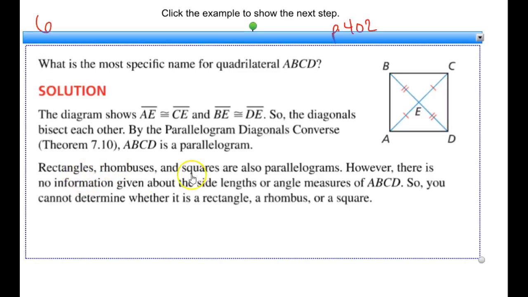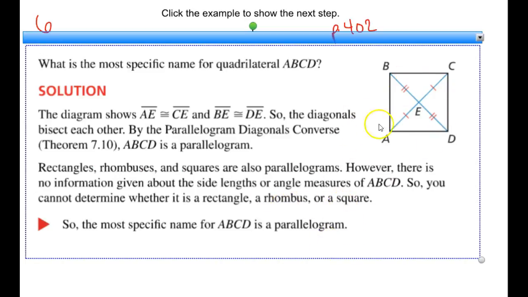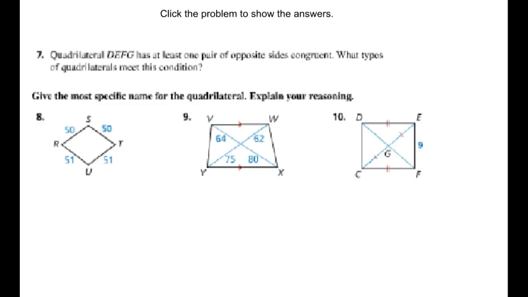Rectangles, rhombuses, and squares are also parallelograms, but I'm not sure which one this is. I'm not given any information about side lengths or angles, which I need in order to determine anything specific about these three things. So I can't say if it's a square, a rectangle, or a rhombus because I'm not given enough information. So the most specific name that I can have for this one is a parallelogram.